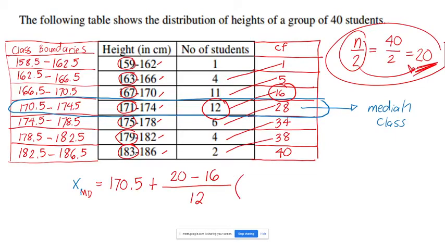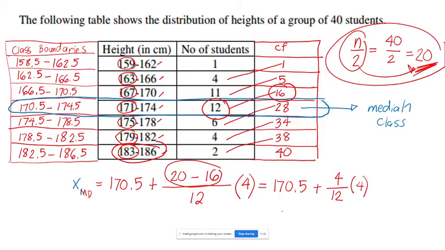What is the class interval here? The i, the class size. 4. Why 4? Okay. From 183 to 186, there are 4 numbers. If you have your calculators with you, please use them. Let's subtract: 20 minus 16 is 4. So this is 4 over 12 times 4.